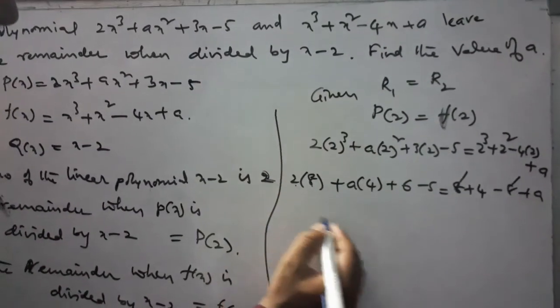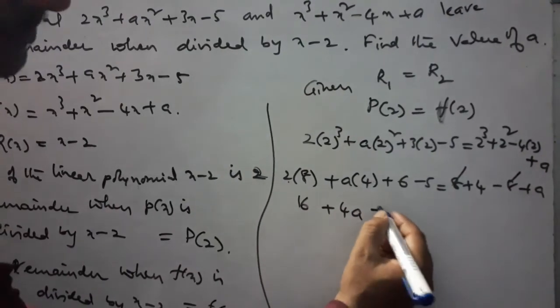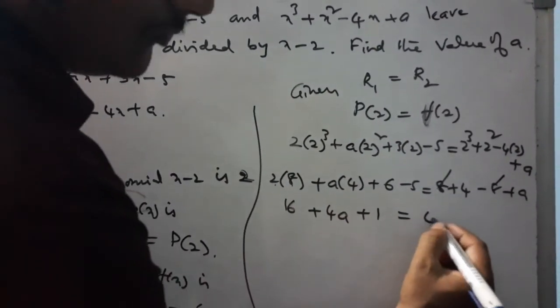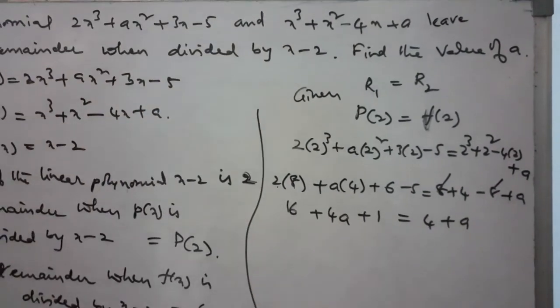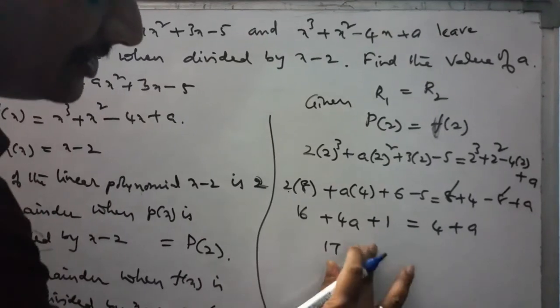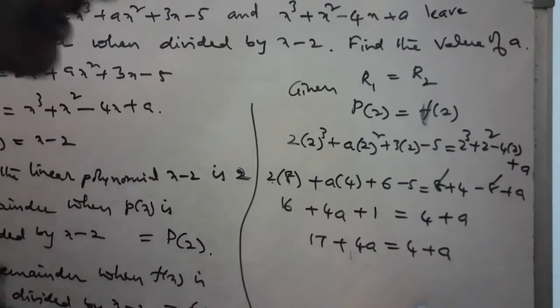Here 16, plus 4a, plus 6 minus 5 means 1, is equal to, we will get 4 plus a. So 16 plus 1, 17 plus 4a is equal to 4 plus a.